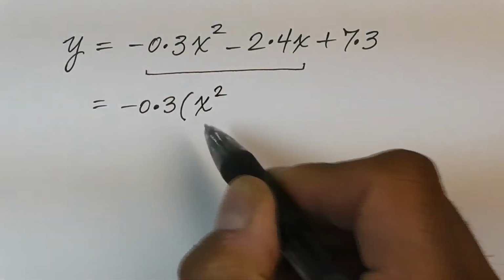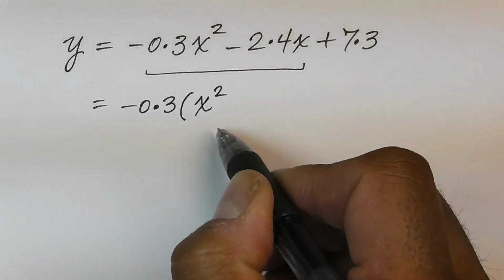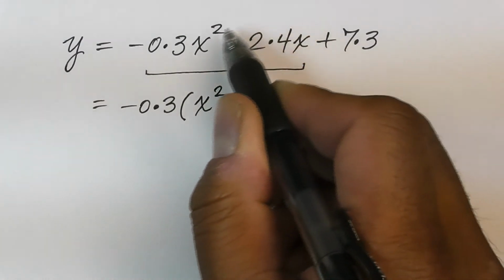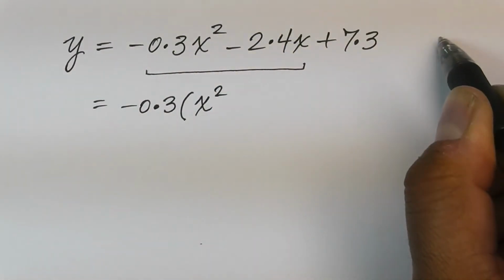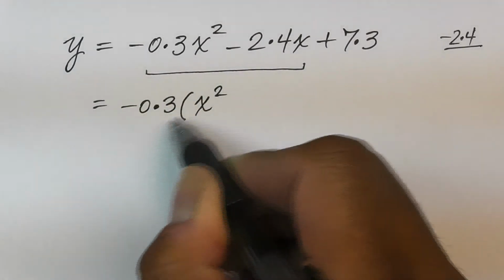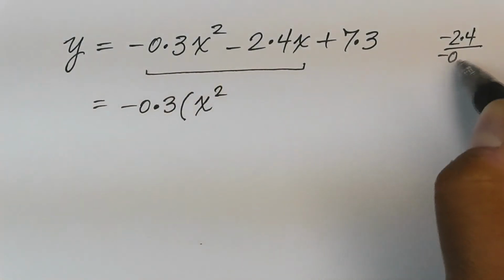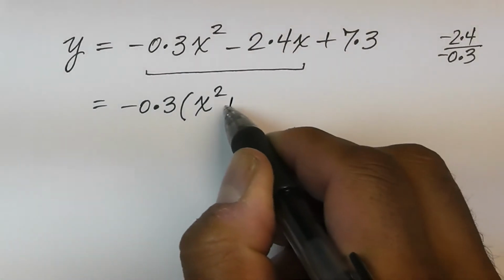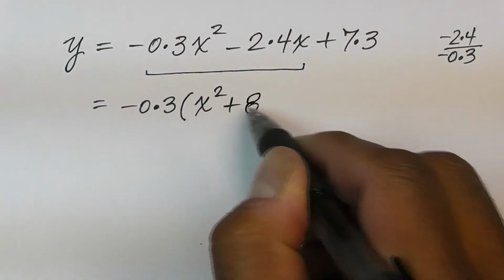That's the idea. The idea is to wind up with x squared by itself. Alright, negative 2.4 divided by negative 0.3 is going to give us positive 8x.